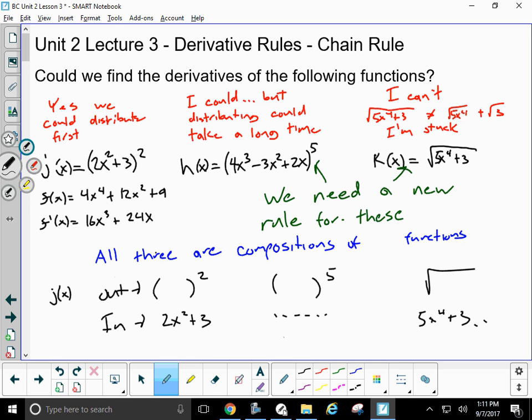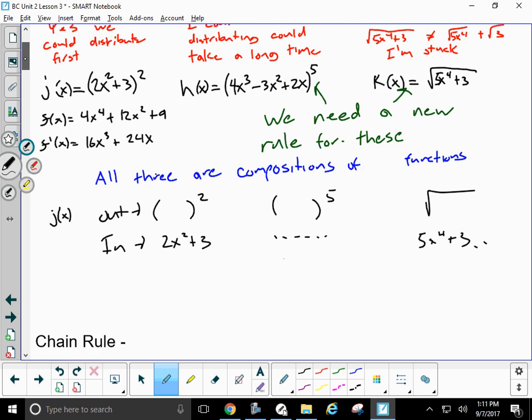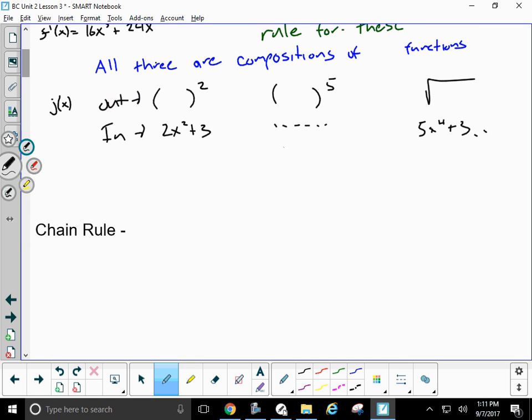Now we need a way to be able to take the derivative of these compositions. And this is where we have the chain rule. So we're going to be taking the derivative of a composition. I'm going to say it's f as the outside and g as the inside.